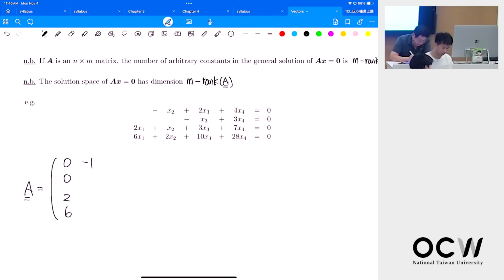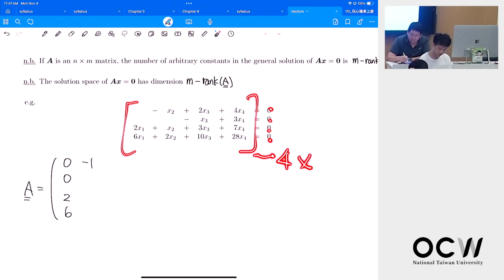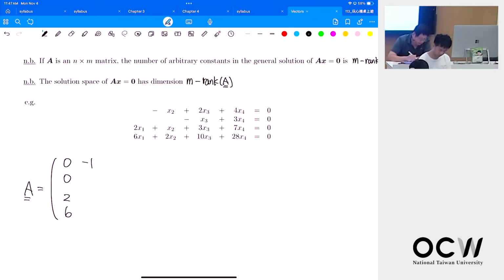Well, first, it's how much by how much for this matrix? I have 4 equations, 4 by how many unknowns? 4. This should be 4 by 4. Okay. Minus 0, 1, 0, 1, 2, 2, minus 1, 3, 0, 10, 4, 3, 7, 28.